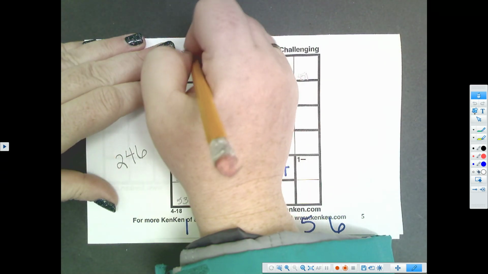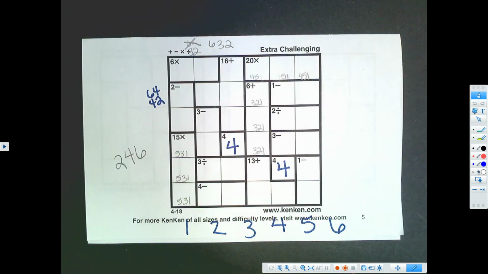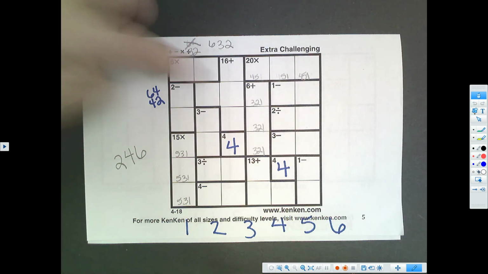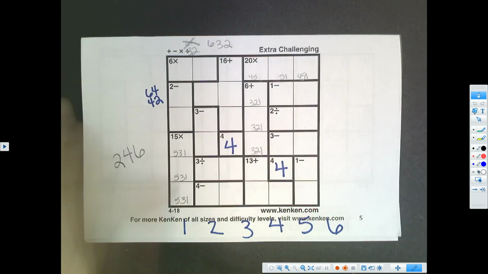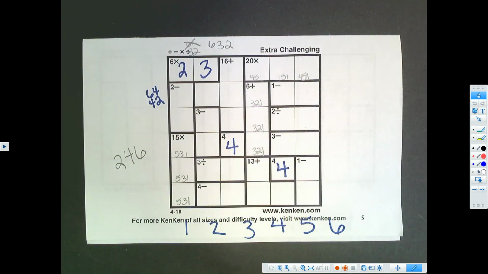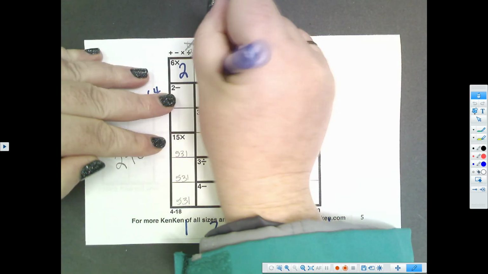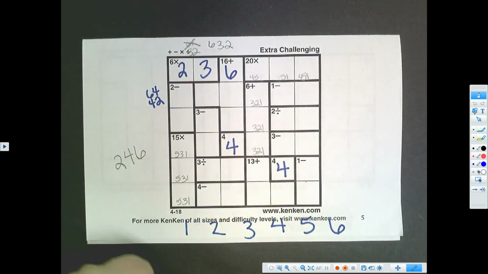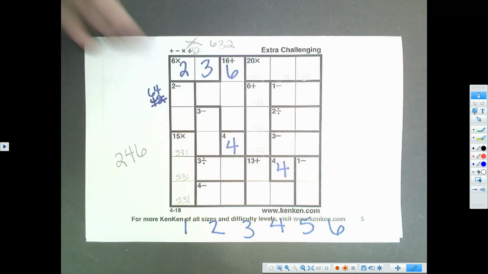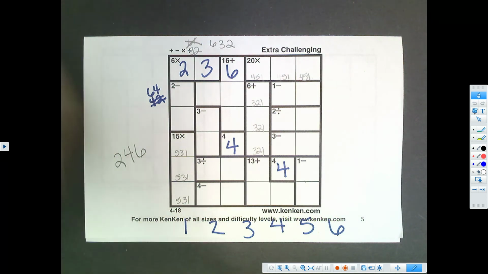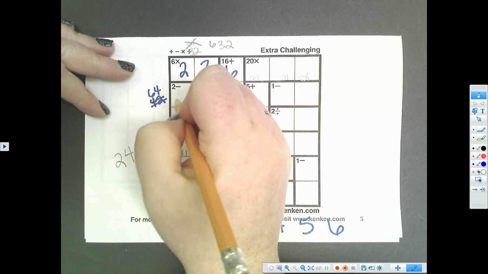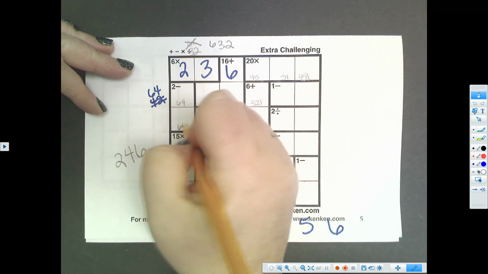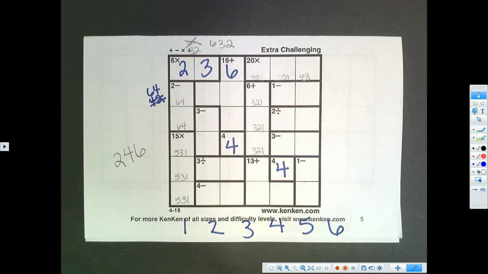So 6 times 1 doesn't work. I know this has to be 3 times 2, and with my 3, my 2 has to go here, and my 3 has to go here. I also know my 6 would have to go there, because this has to be 4, 5, and 1. Because I have the 2, I now know that this box is a 6 and a 4. So I can fill in more options.